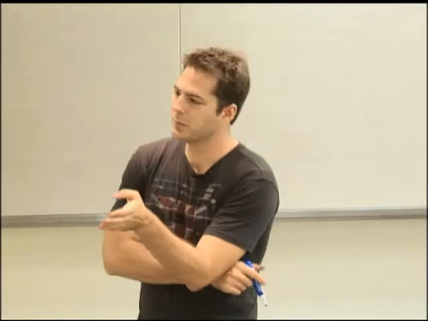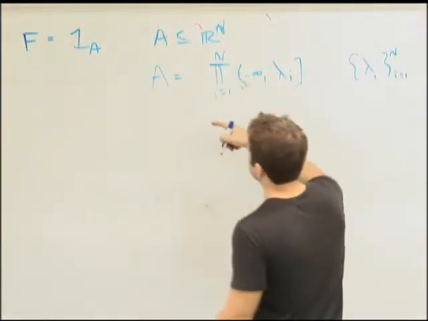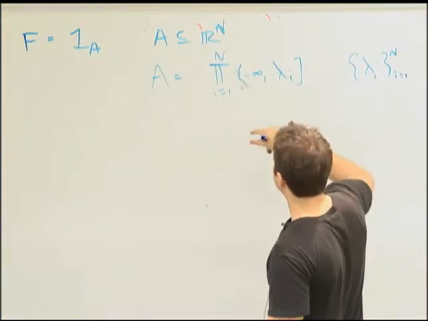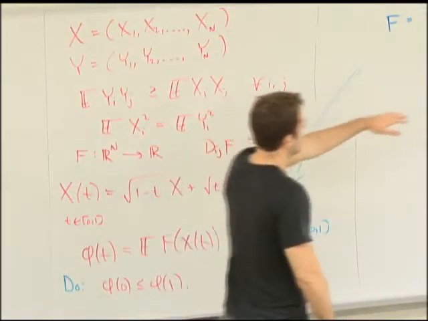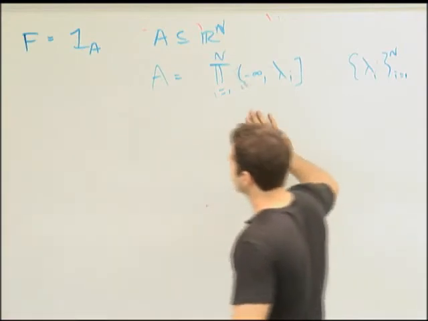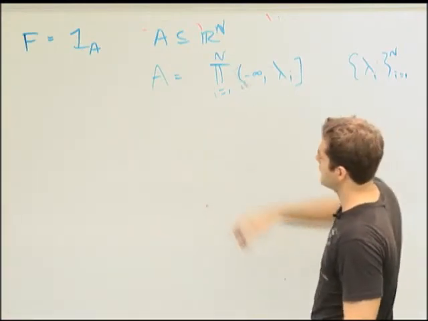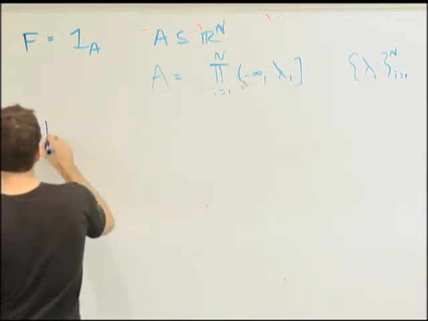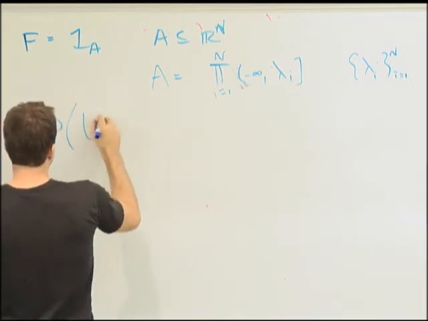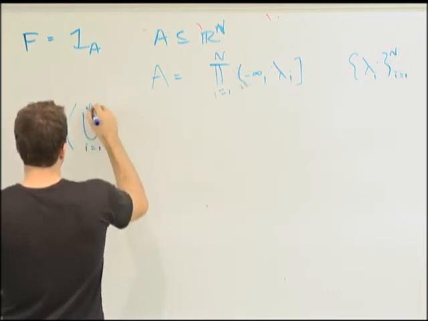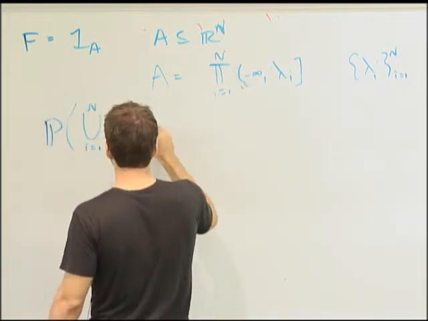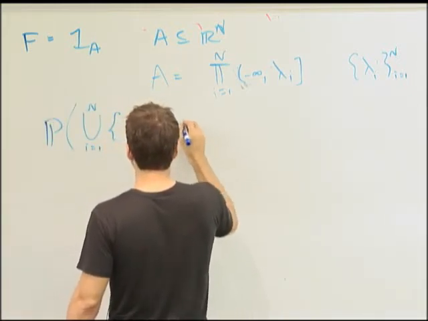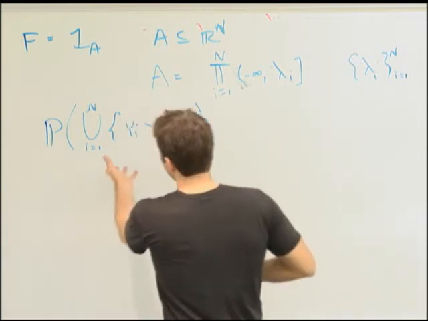In any case, if we apply it like this, then what we get is that, if we apply it to this f, the y's being in this intersection have a greater probability than x's being in this intersection. That's what we get when we apply the theorem, which means if we restate it, the probability, if we take the union of all the yi's being bigger than lambda i, so the question is whether some yi is bigger than lambda i.